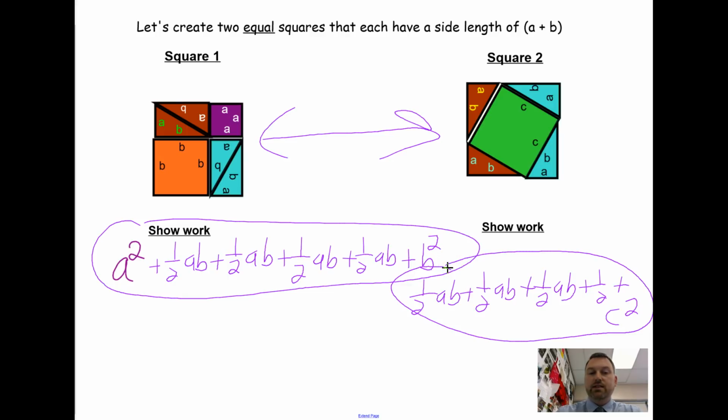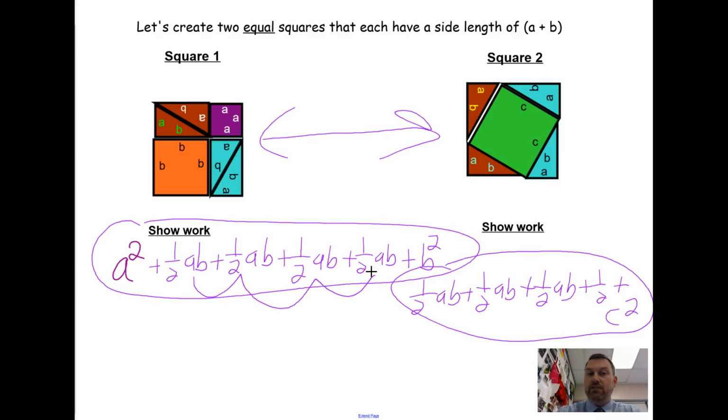Okay, so take a second, make sure you copy down what I have here. Pause the video if you have to. But get all that written down, and I'll simplify it in a second so it's not so much writing. Okay, so look at the first square here. Are all these like terms, ABs? Yes they are. So what's 1/2 AB? What's a half plus a half plus a half plus a half?